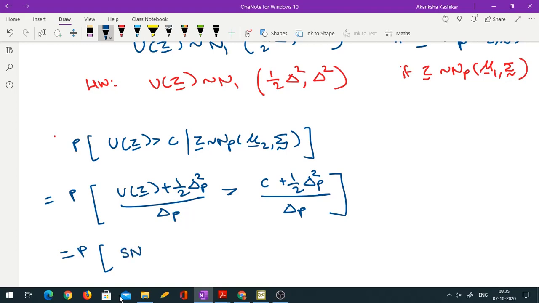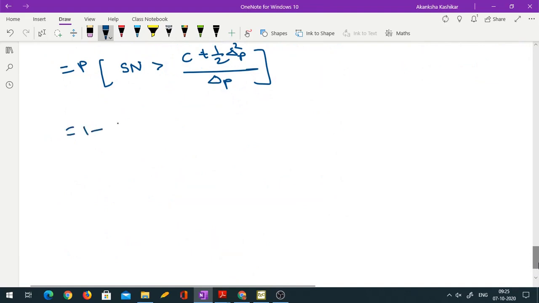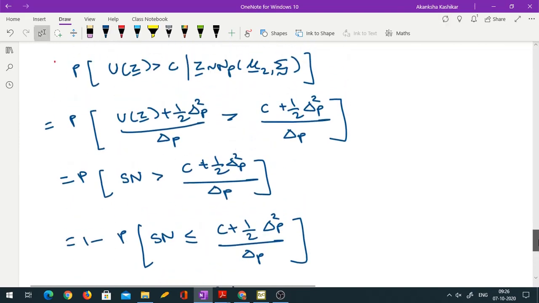So the probability of a standard normal variate being greater than (c plus half delta square p) upon delta p is 1 minus the probability of it being less than or equal to that, which is 1 minus the CDF at (c plus half delta square p) upon delta p. This is the first type of misclassification probability.